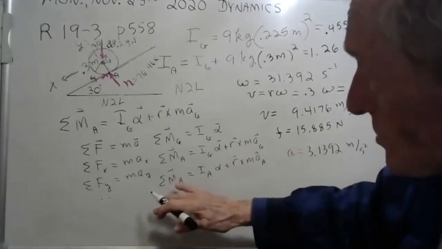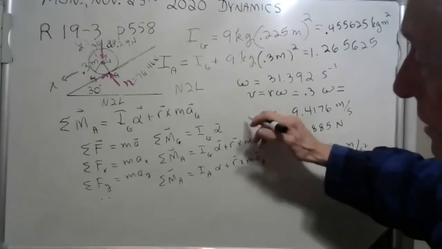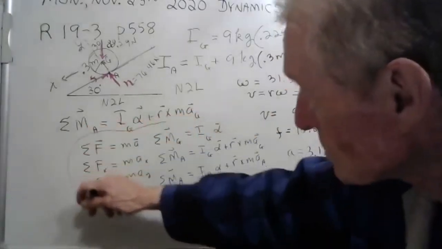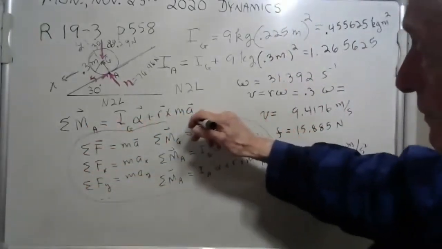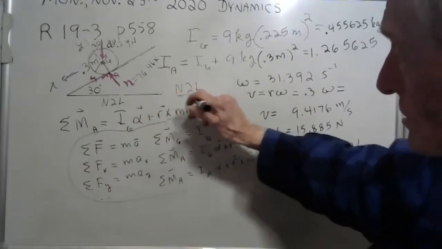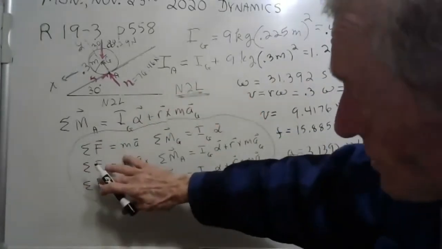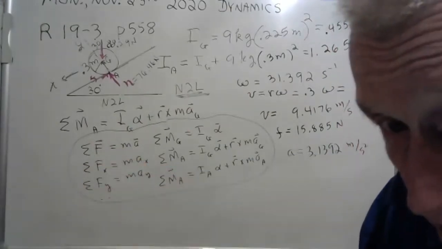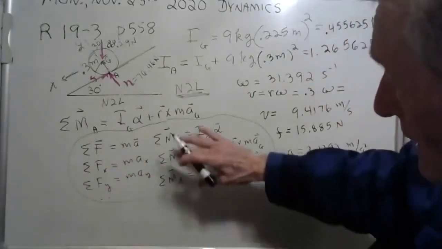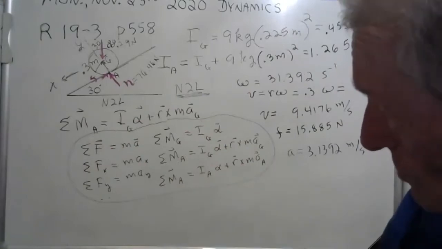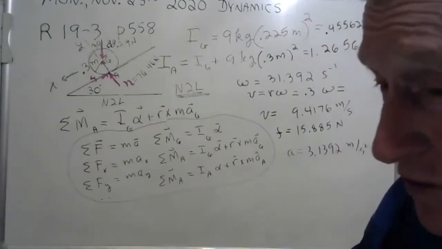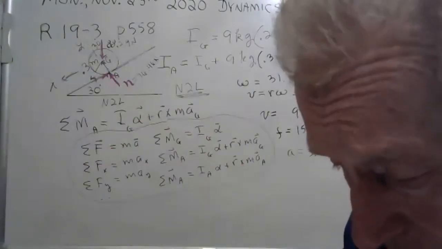And then there's another one that goes like this. Now, do you see all these equations here? All of these equations are Newton's second law. These are translational versions of Newton's second law, and these are rotational versions of Newton's second law, but they're all Newton's second law.